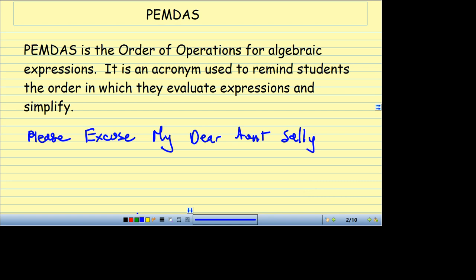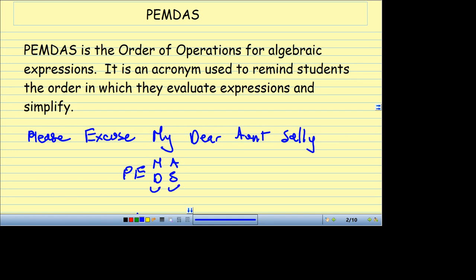Now, what I want you to know, and what they don't show you, is I like to write it this way, with the M and the D, one on top of the other, and the A and the S, one on top of the other. And the reason I do that is because the MD, that's its own step.